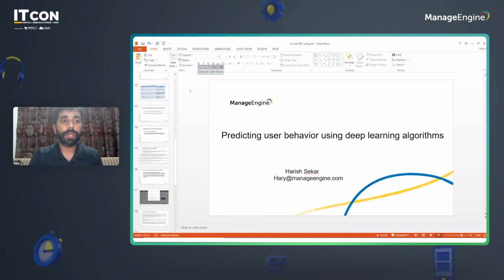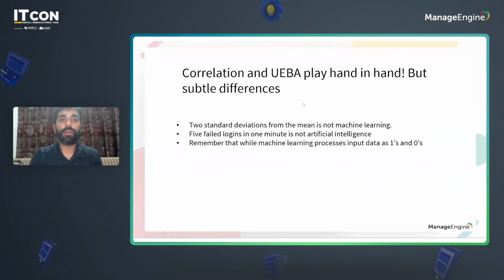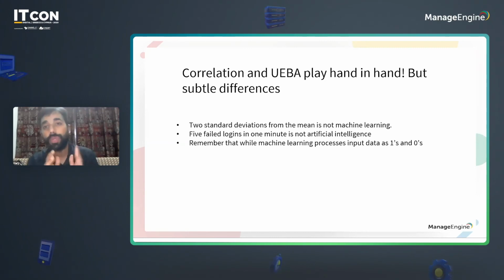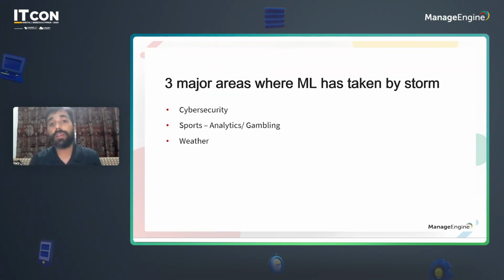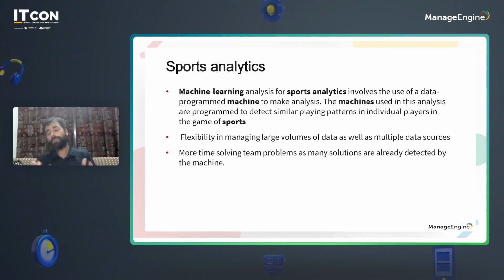Let me quickly go ahead. Yep, correlation and UEBA play hand in hand, but subtle differences, which you will get to know once you put UEBA into play in your organization. And three major areas where machine learning has taken the world by storm are cybersecurity, sports analytics and gambling, and weather. And of course, since many of us love sports, I'm just going to run through this.